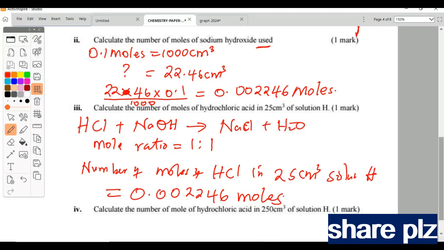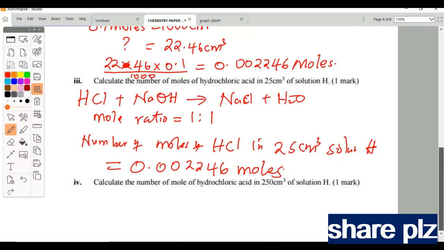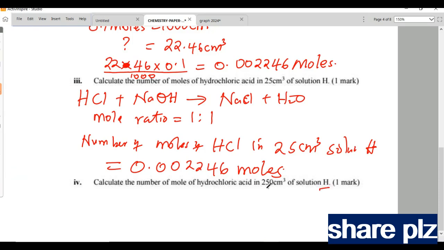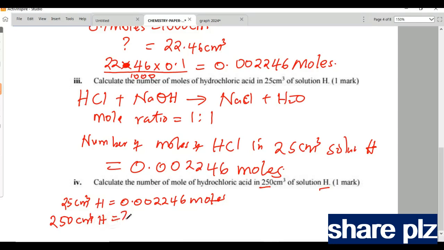Now we have the number of moles in 25 cm³ of solution H. We can get the number in 250 simply by proportion. So what is the number of moles of H in 250? 25 cm³ of H contains 0.002246 moles. 250 cm³ of H will contain how many?